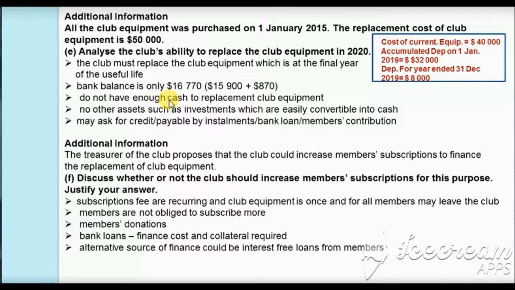They don't have any other cash which is available in the business which they can use to purchase this equipment of $50,000, as well as they don't have any short-term investments which can be easily converted into cash, which we call liquid assets.